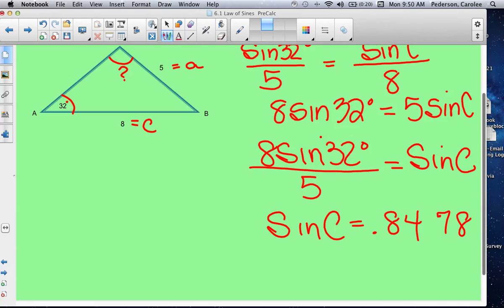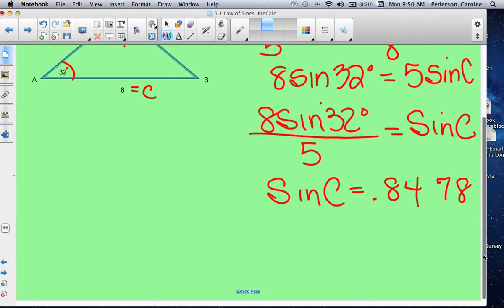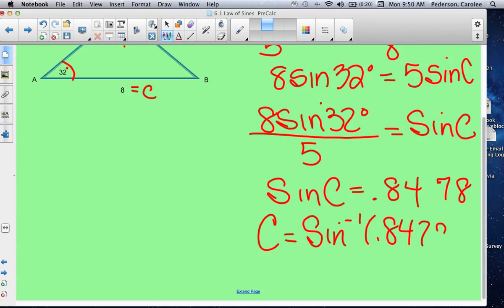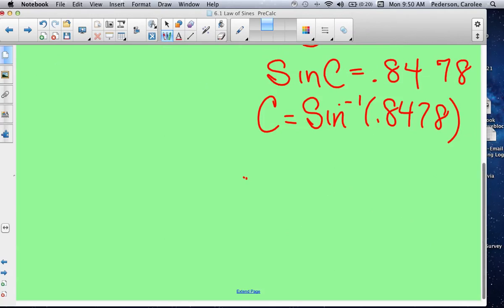Okay. So now to find the angle measure, we need to use inverse sine. Make sure our calculator is in degree mode. So angle C is the sine inverse of 0.8478. And what's the measure of angle C? 57.98 degrees. Okay.